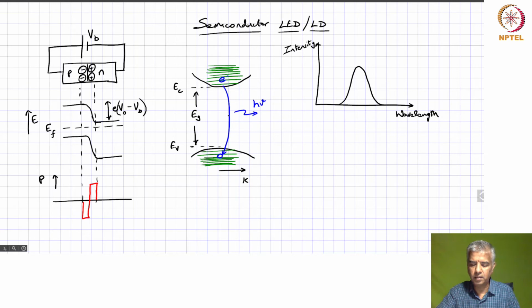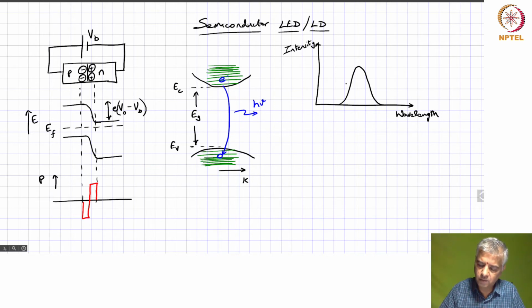So of course there is very little emission of photons lesser than the band gap energy, but beyond the band gap energy you start having emission, and the peak of the emission will typically happen somewhere closer to the band gap energy, right? So Eg plus kBT by 2 typically is where the peak of the emission happens. Okay, but what we are interested in is the spectral width.